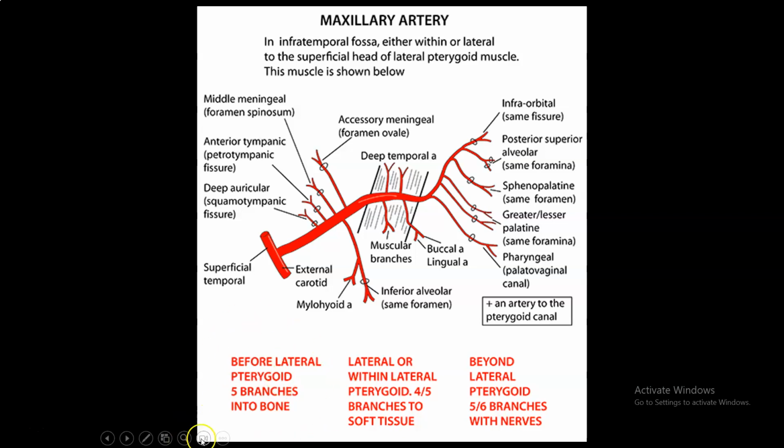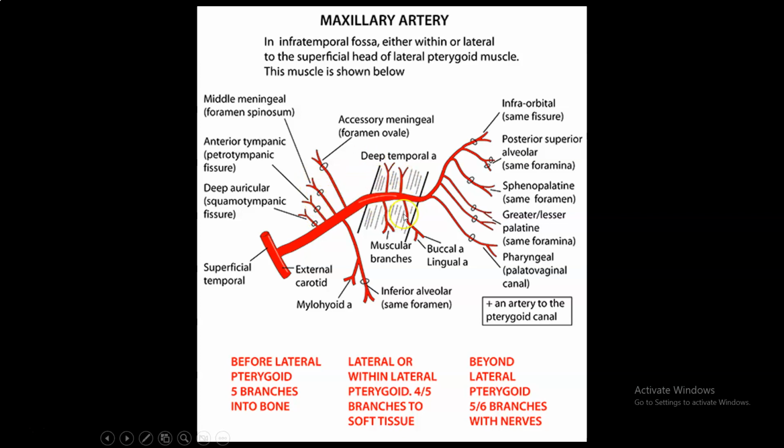Let's see now. Imagine this is the lateral pterygoid muscle. What is before the lateral pterygoid muscle is Mayada: the middle meningeal artery, the inferior alveolar artery, the accessory meningeal artery, the deep auricular artery, and the anterior tympanic artery.